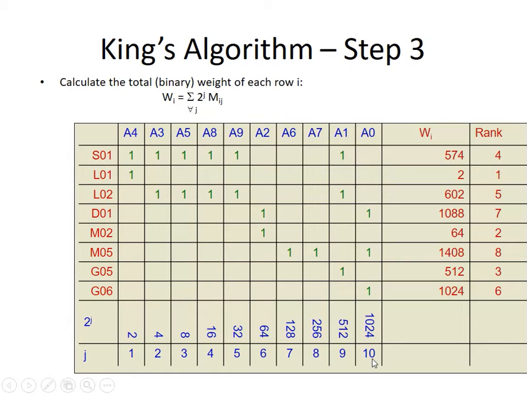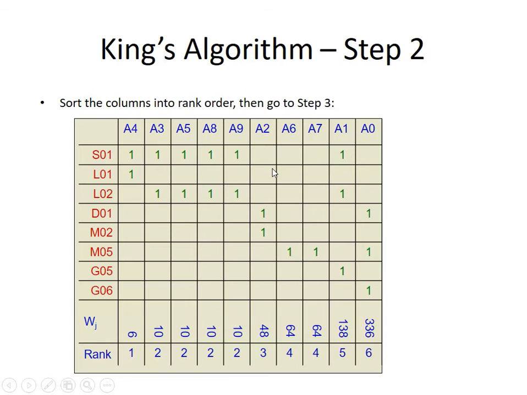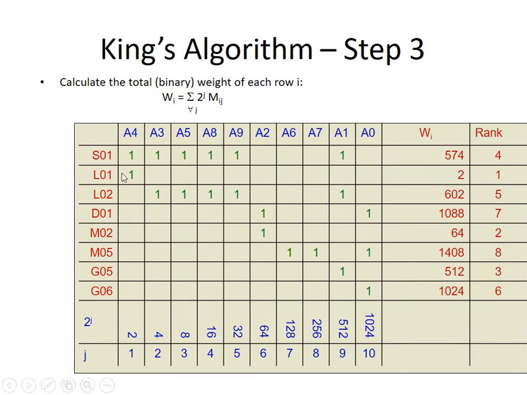These are the number of parts, and 2 power j is the binary weighted value of this particular component, starting from 2 power 1, 2 power 2, 2 power 3 and 2 power 4, and so on, up to 2 power 10. And this is the cell we obtained after sorting the columns. That particular cell we'll take and go ahead.